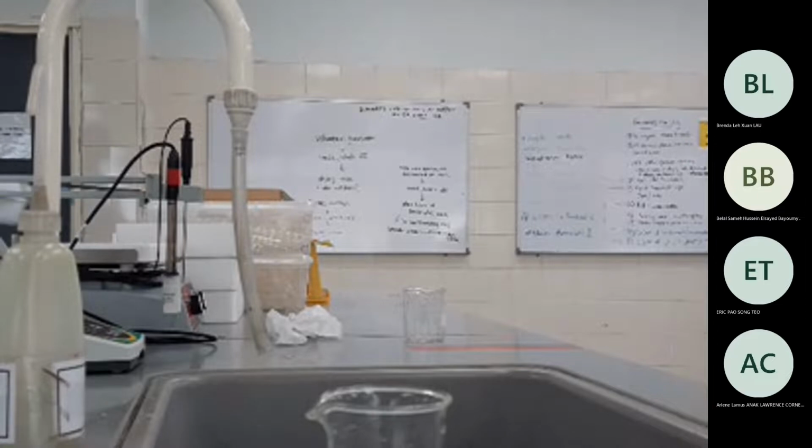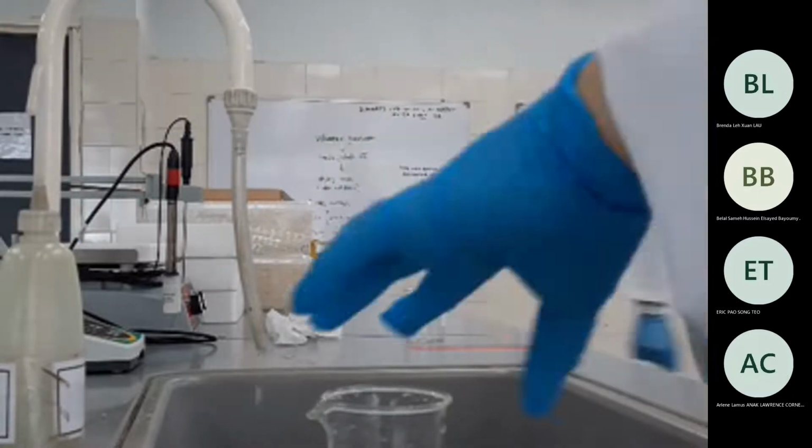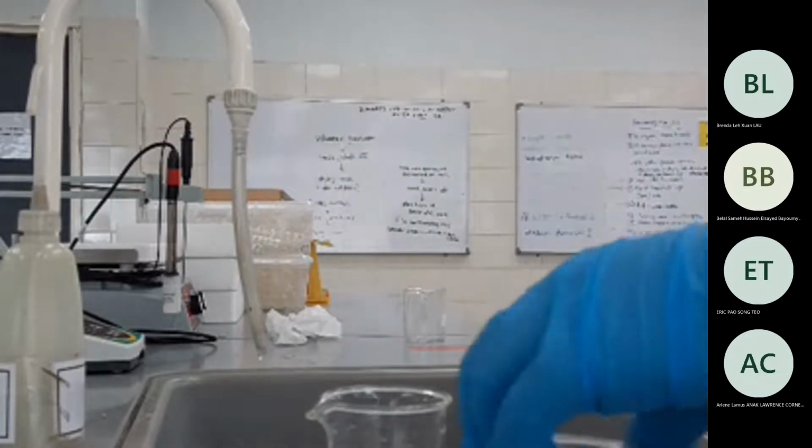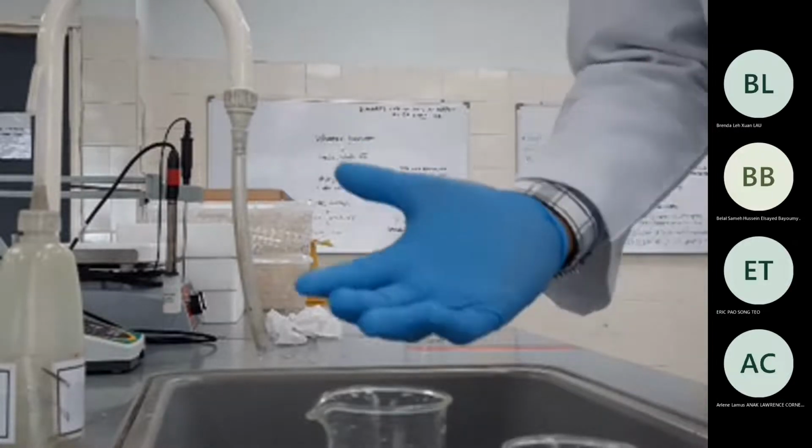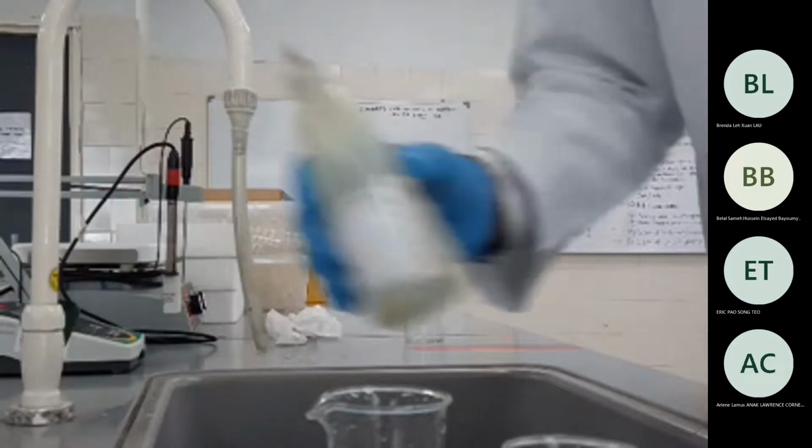So now, for part 2, take the beakers first, and we need to determine the pH of tap water and deionized or distilled water for today in the lab. Okay. Have you taken the beaker? Okay.